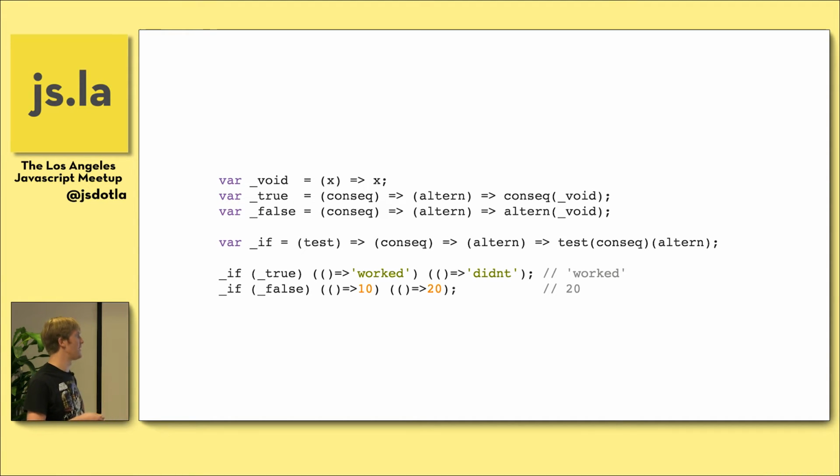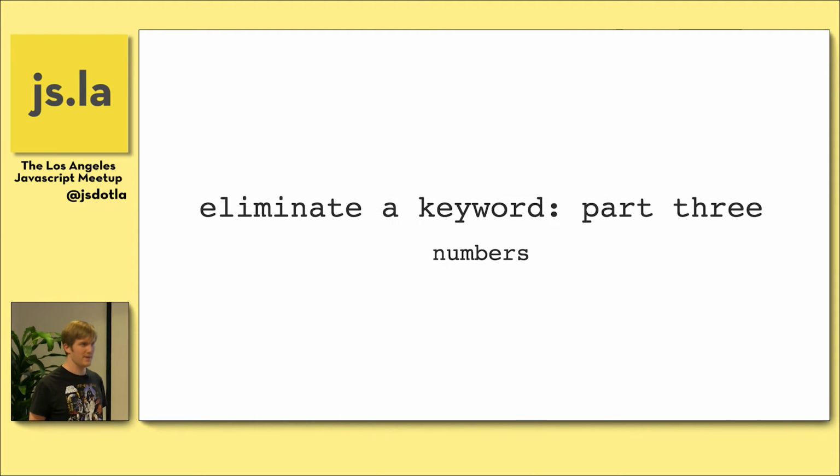False does the opposite. And then if takes a test, a consequent, and an alternative, and then passes those through. So if you say if as a function call, if true, and then 2 parameters, this worked, or if false, it'll return the second one. Is that crazy that you can do that?